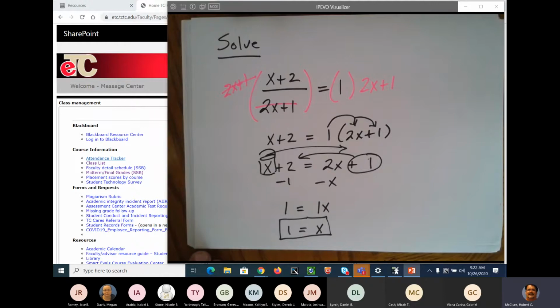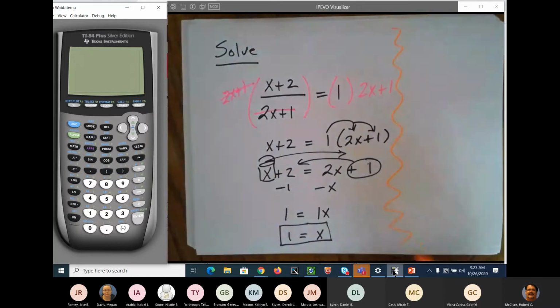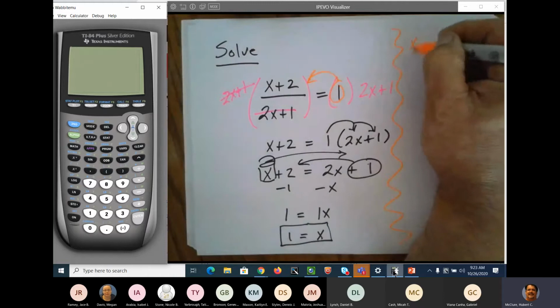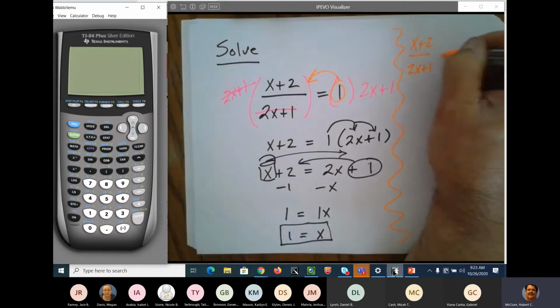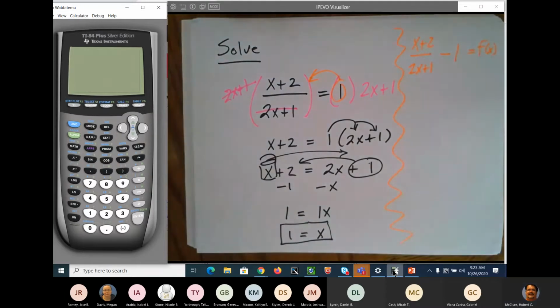Now, if you wanted to graph this, you would put everything on one side. I'm going to pull up the handy dandy calculator. You would bring the 1 over, and that would be x plus 2 over 2x plus 1 minus 1 is equal to f of x. And you would type that in.